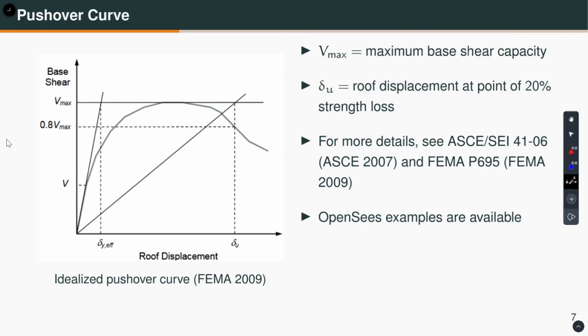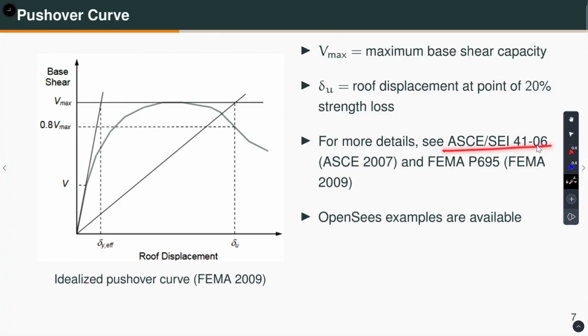Now, how you use this result in assessing the performance of your lateral load resisting system is beyond the scope of this particular course, which is typically the topic for our earthquake resistant design course. For more details you can look at this document as well as the FEMA document. As far as examples of pushover analysis are concerned, if you Google OpenSees, there are lots of pushover analysis examples available, but they are in TCL, not in Google Colab or Python.